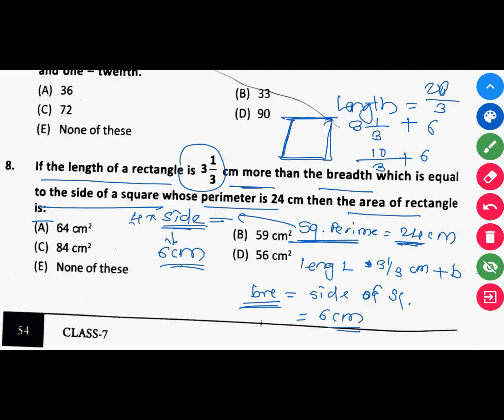Now we know the area of rectangle formula. Area of rectangle is length into the breadth. Now we know the length, we know the breadth, so we can calculate the area. Length is 28 upon 3 into breadth is 6 centimeter.